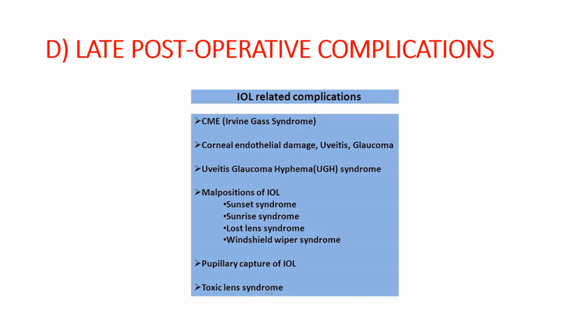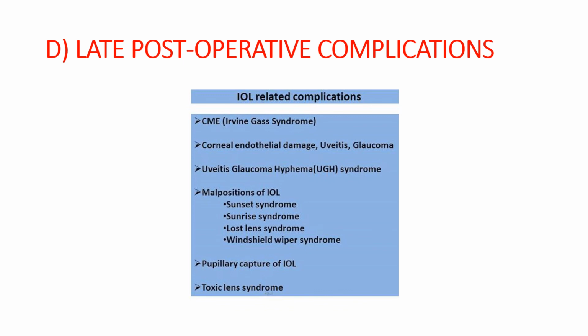IOL related complications. One of the IOL related complications is cystoid macular edema, which is called Irvine-Gass syndrome, which I have already spoken about. Second is corneal endothelial damage. Now, endothelial damage used to happen with the AC IOL, anterior chamber IOL. Third is uveitis, glaucoma, hyphema or UGH syndrome.